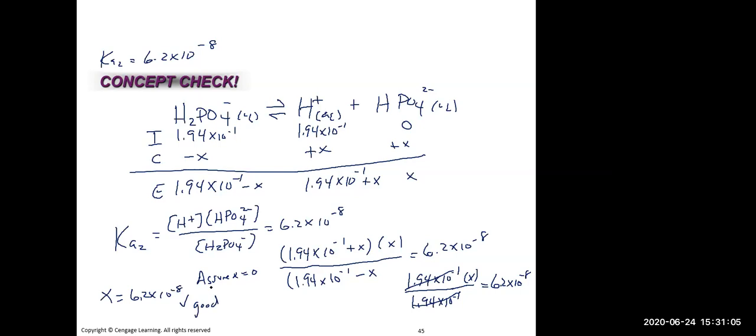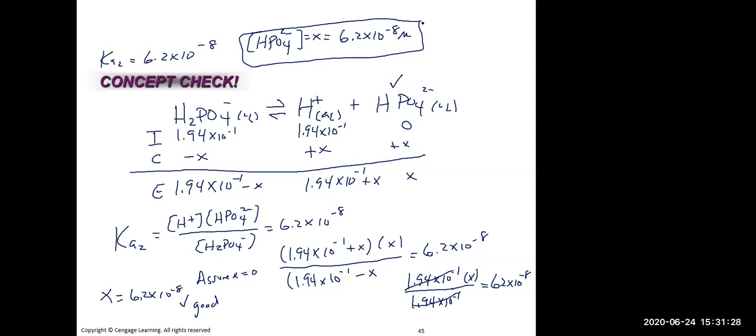So let's talk about what we just found. We just found this concentration, which is what we were looking for. HPO4 2 minus will equal x, which equals, in this case, 6.2 times 10 to the minus 8 molar.